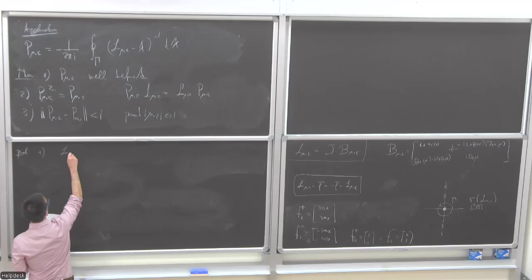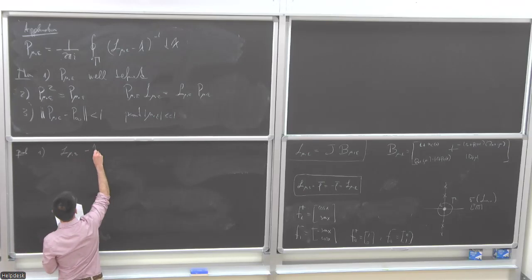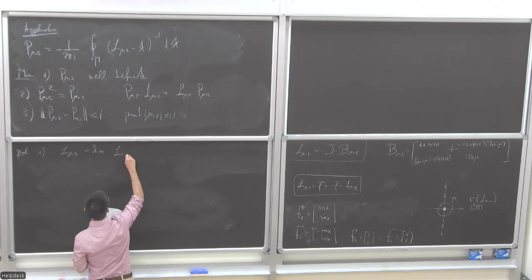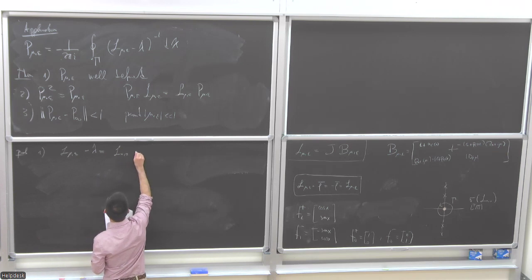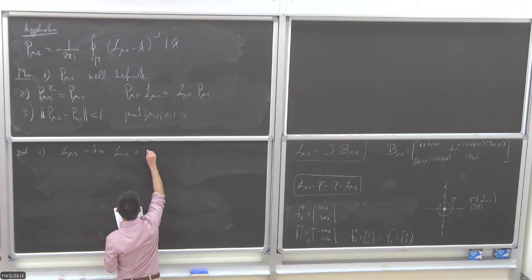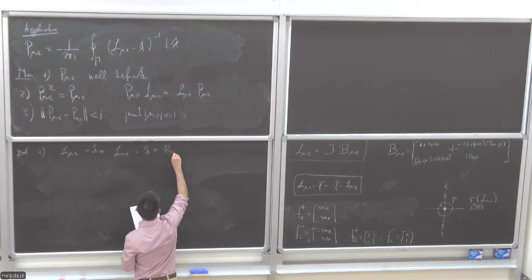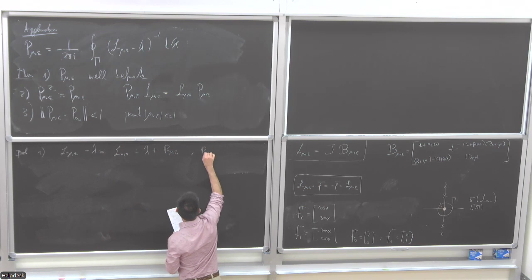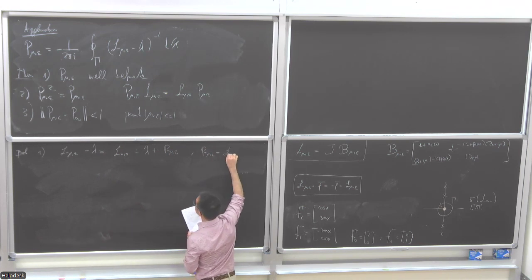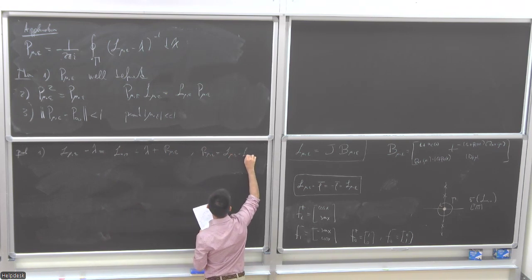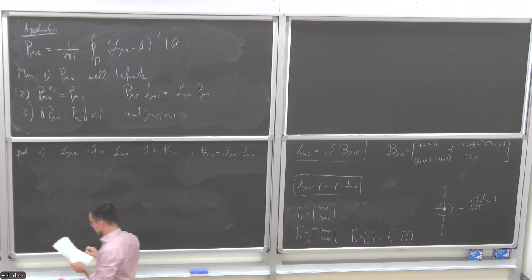So here you can work with L mu epsilon minus lambda perturbatively. This is L00 minus lambda plus R, let me call it R mu epsilon. R mu epsilon is the difference L mu epsilon minus L00.